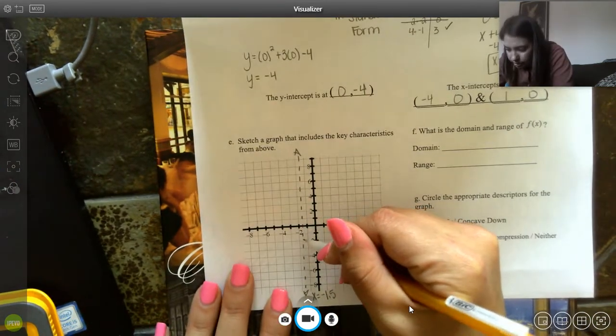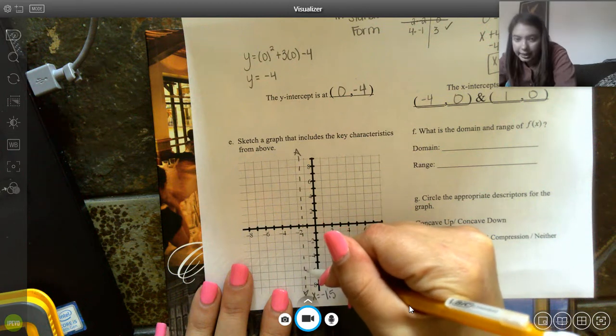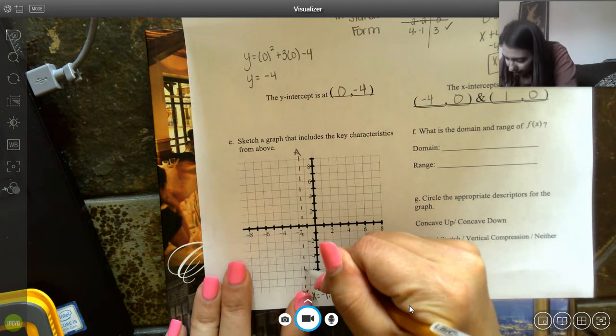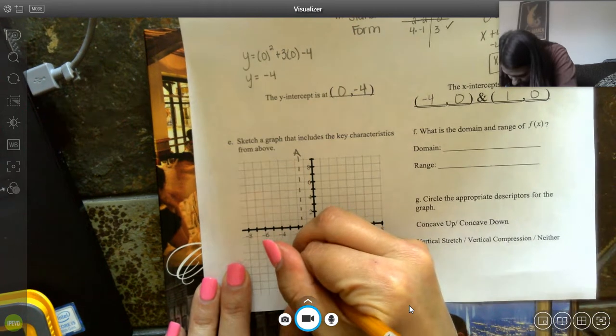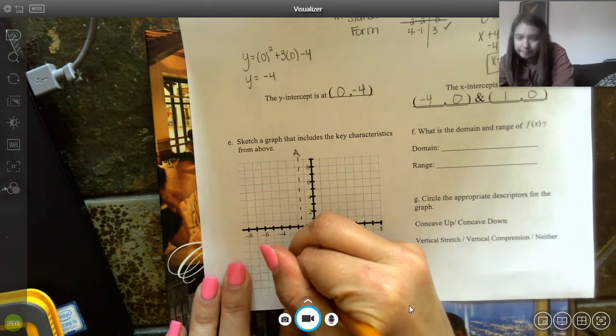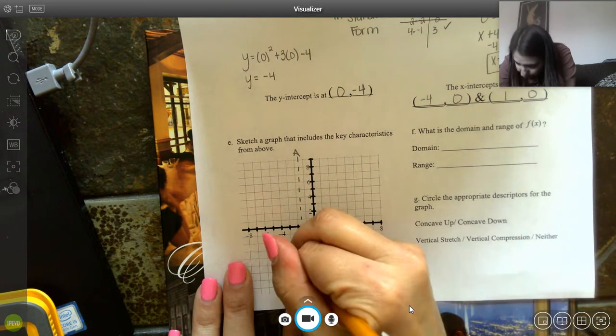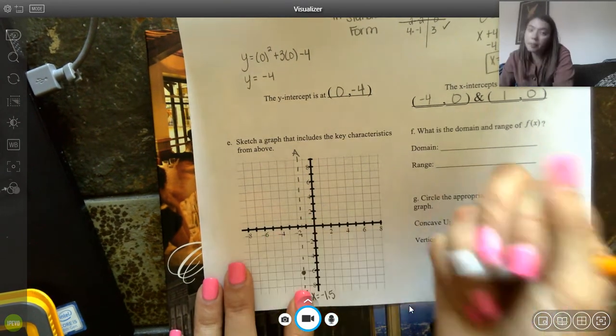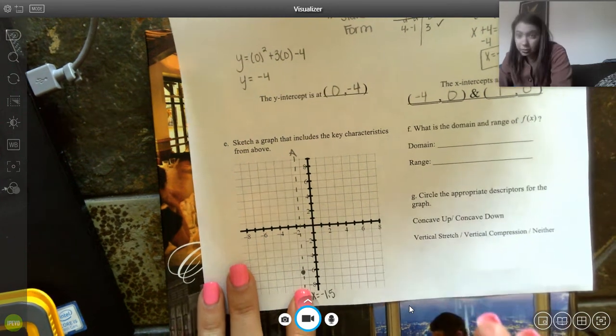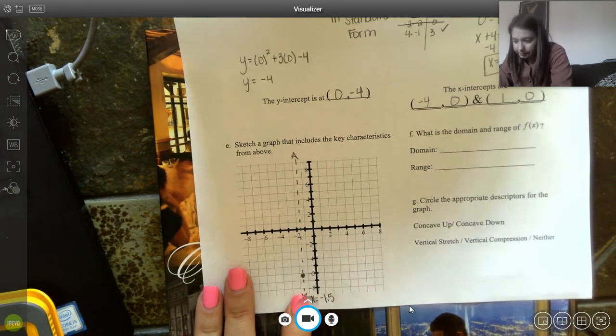We're going to go down negative 2, negative 4, negative 6. Negative 6.25 would be somewhere about right there. And we get it. It's not the most perfect point for us to be dealing with, but we still know how to plot it and it's still there. So we have to make sure we have it down.